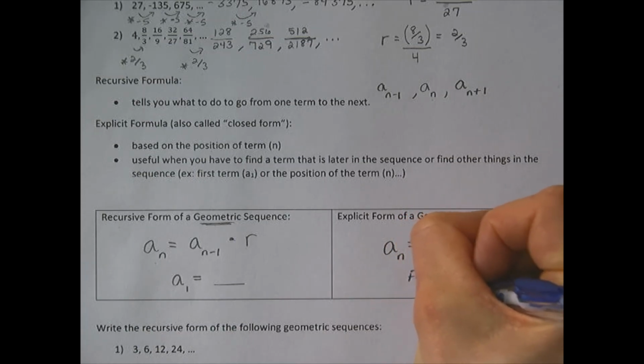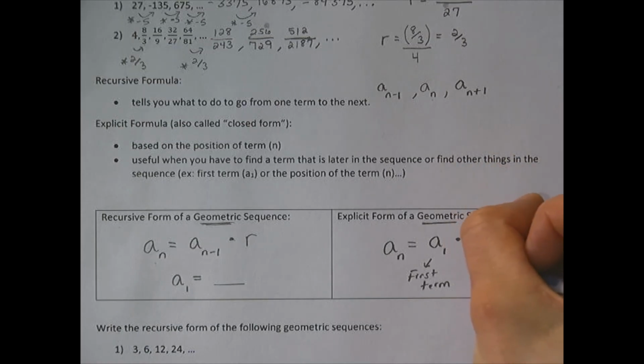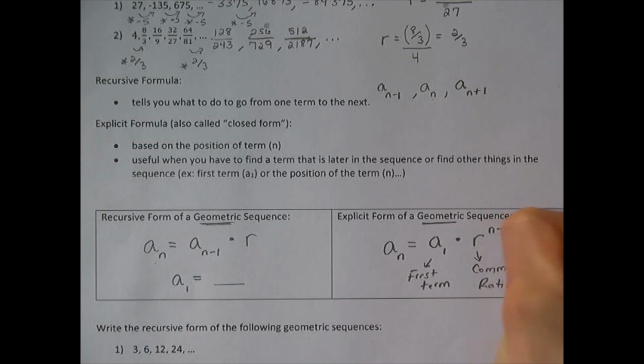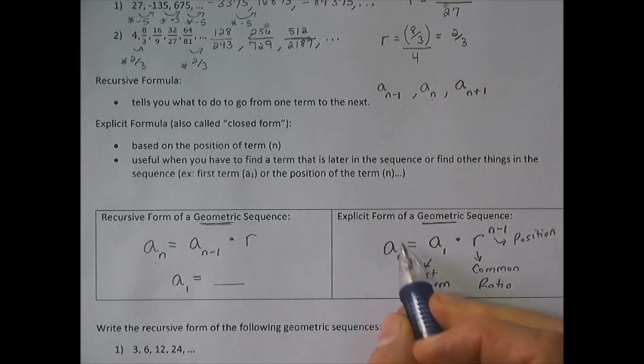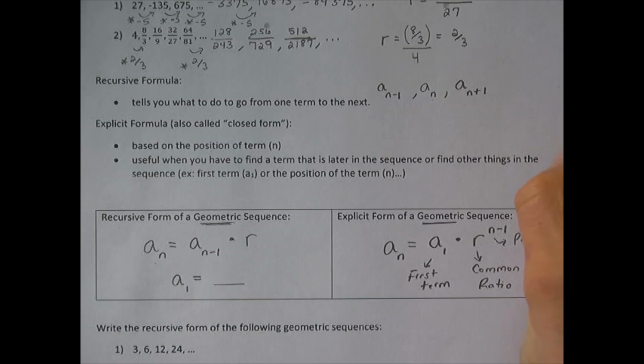And then the r is your common ratio. And then the n is the position of whatever term you have right here, or the term you're looking for. So it's the position of, technically, whatever your a sub n term is.